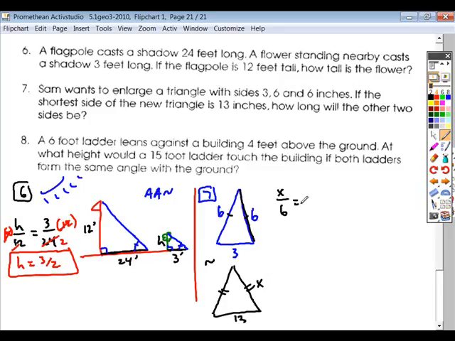As the two known corresponding pieces, x is from the larger triangle, so we'll use the known base of that triangle compared to the known base of the smaller triangle, 13 over 3. Now we can solve for x, once again, by putting our variable in the top left of our proportion. We simply multiply both sides by this denominator to isolate it. 3 goes into 6 twice. 2 times 13 gives us our answer of 26.